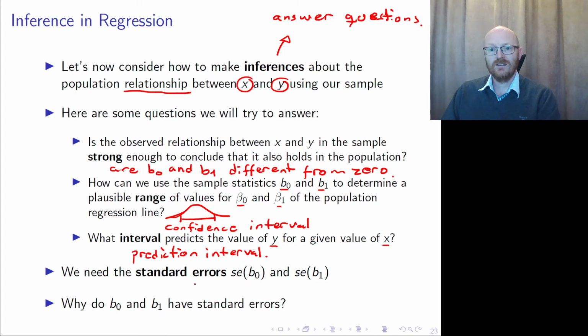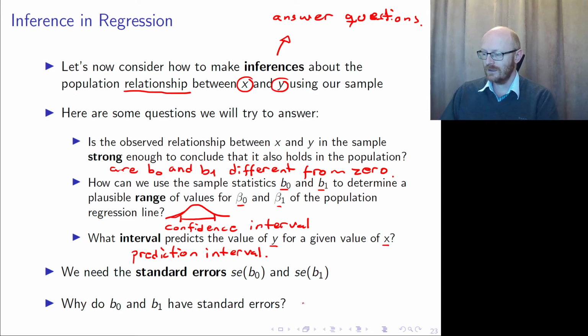So now we need the standard errors of the intercept and the slope, the standard errors of the coefficients. And the reason why the intercept and the slope have standard errors is because whenever you take a sample, you tend to get a different result. If you continue to get the same result, then there's usually something wrong.